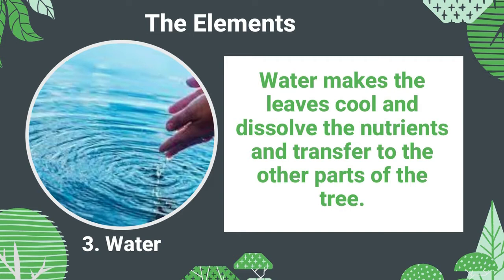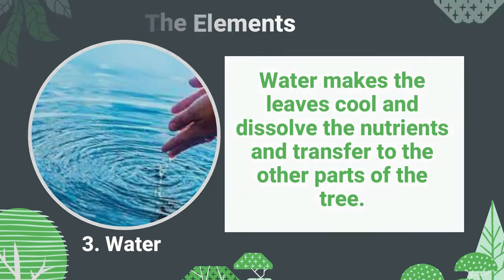Water is one of the components in the process of food making of the plant called photosynthesis. So it is an important factor in the food making of the plant. Okay, so let's proceed with the next topic.